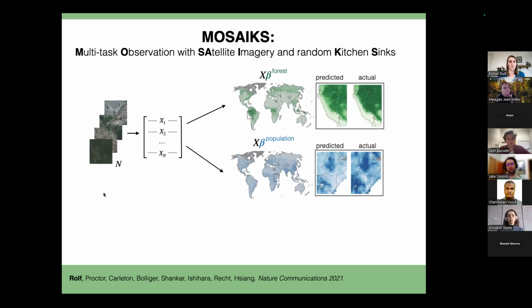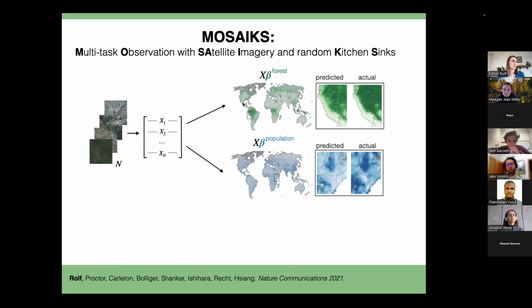So the idea is we're taking one corpus of global satellite imagery, converting that into a matrix representation. So each location or image is converted into a vector or a row in this matrix. But it's this same pre-computed embedding of the imagery that is useful for predicting forest cover or population density or road networks or many, many other tasks.